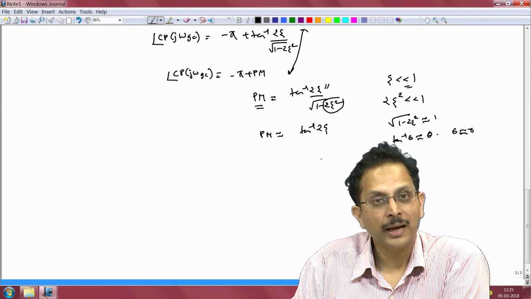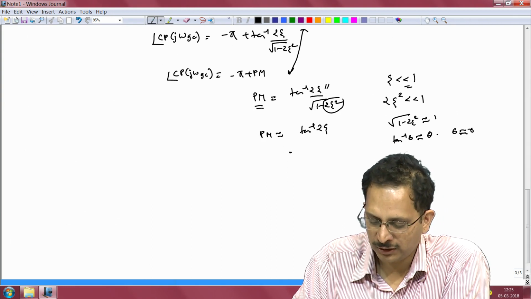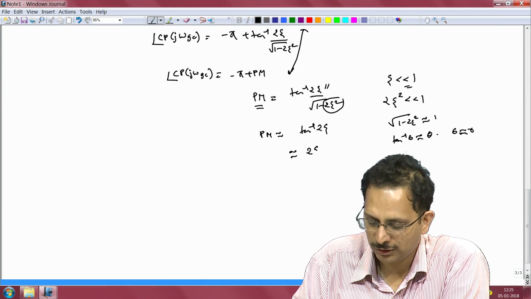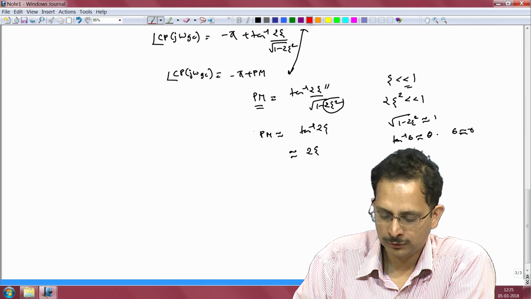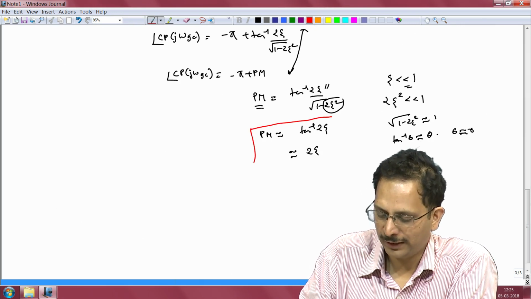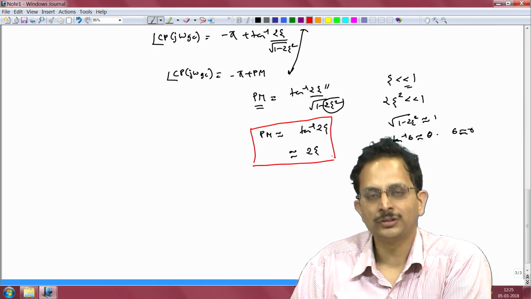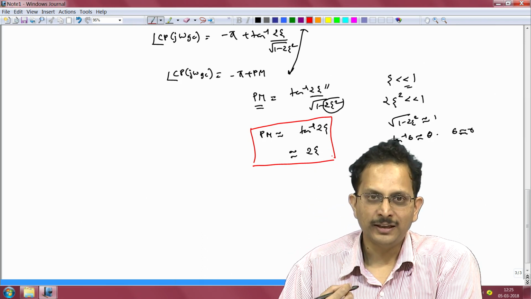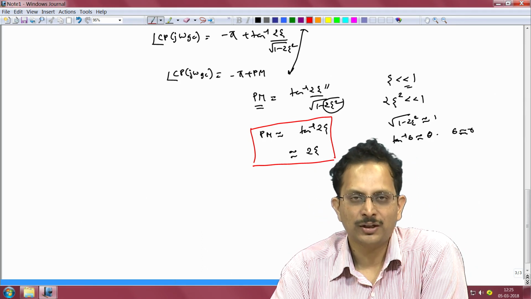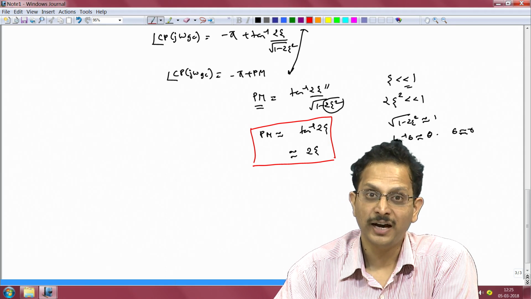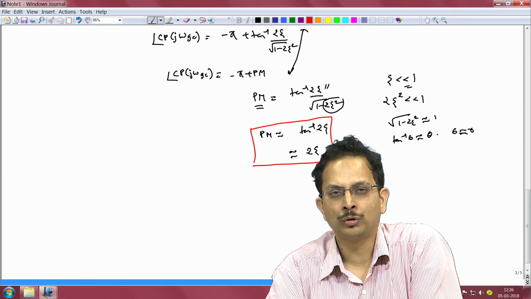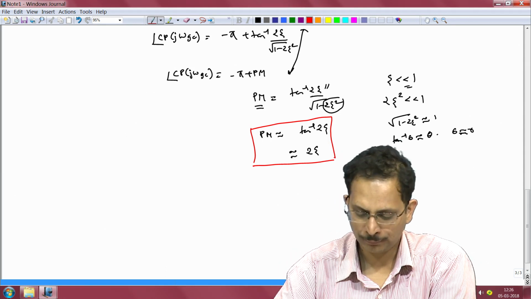Therefore, we can make an additional approximation that the phase margin is approximately equal to just 2 zeta. So, this fairly simple expression allows us to very quickly compute the phase margin of our closed loop system in radians if we have specified the closed loop damping coefficient zeta.